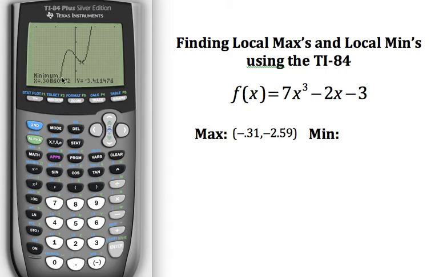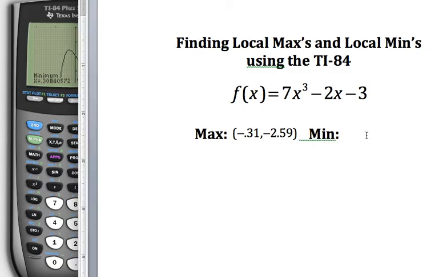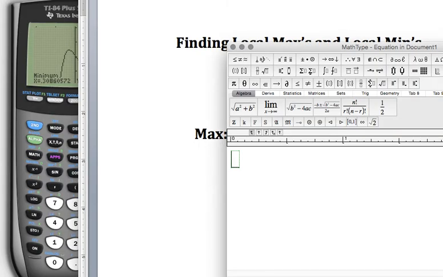After a little bit of thinking, it's showing me an x value of 0.30 and a y value of negative 3.4. I can then list those as an ordered pair.